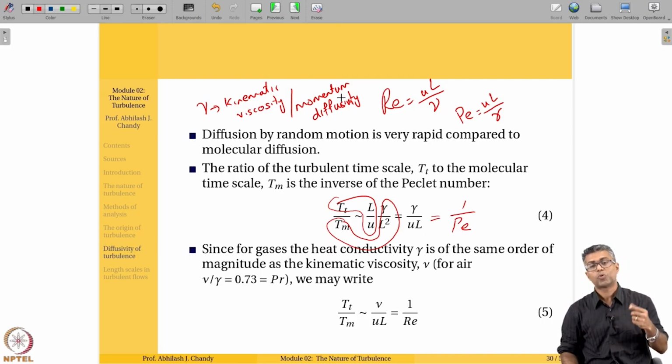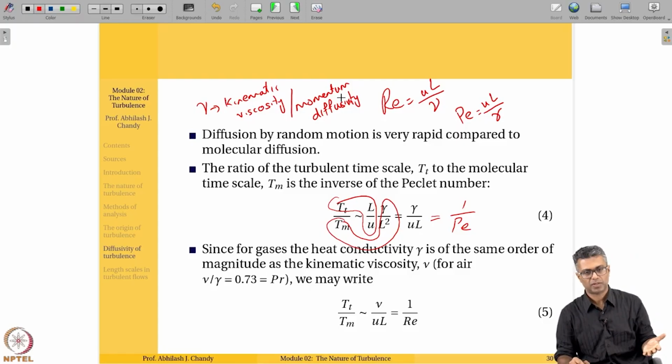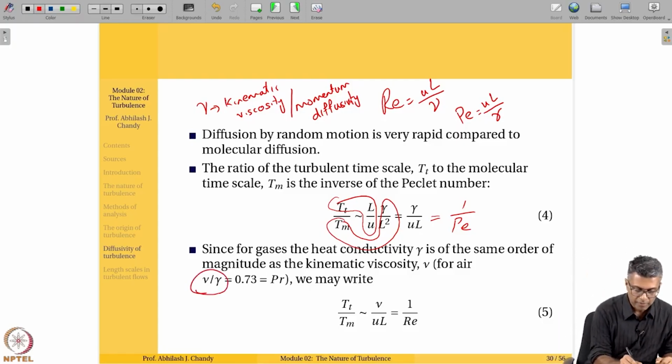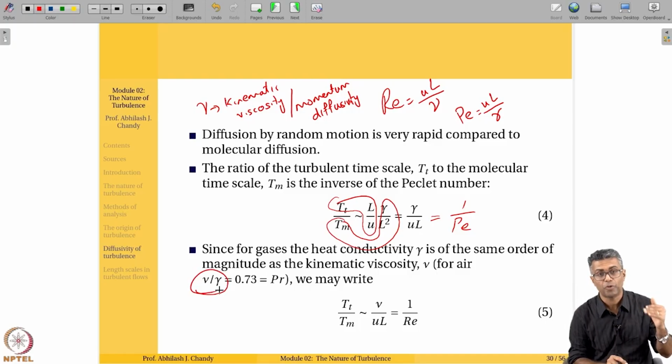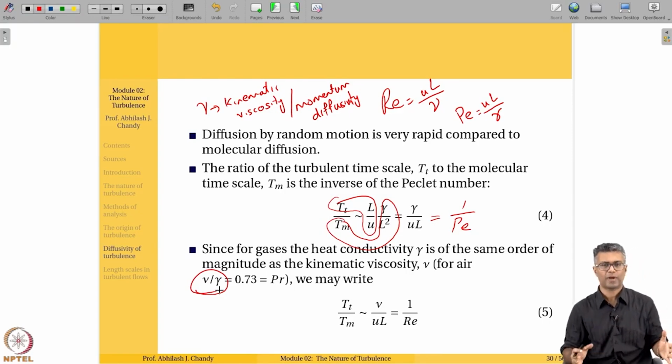Now, let's go a step further. Since we are talking about flow in a room, it's air, it's obviously a gas. Typically for gases, gamma is of the same order of magnitude as the kinematic viscosity. In fact, nu over gamma, the ratio of momentum diffusivity over thermal diffusivity, is the Prandtl number. And for air, it is 0.73, so order of magnitude of 1.